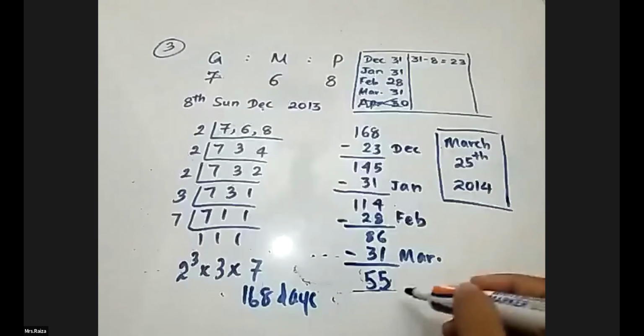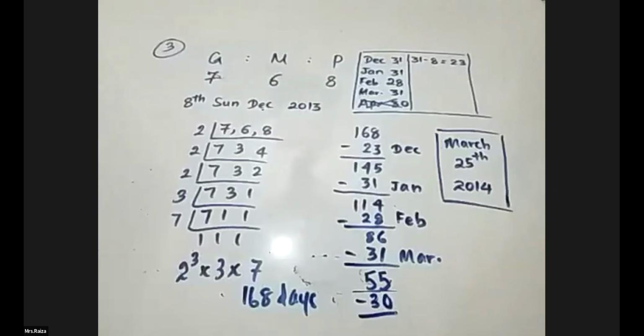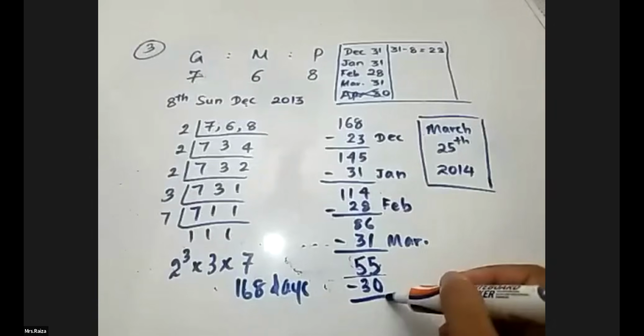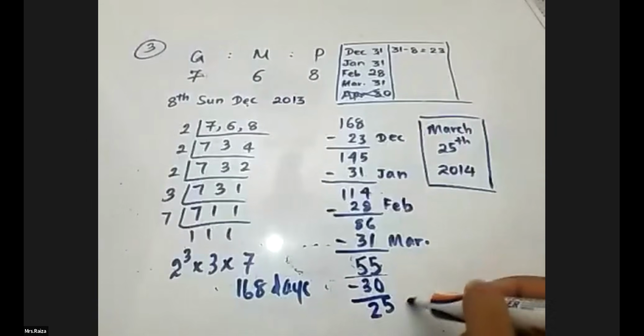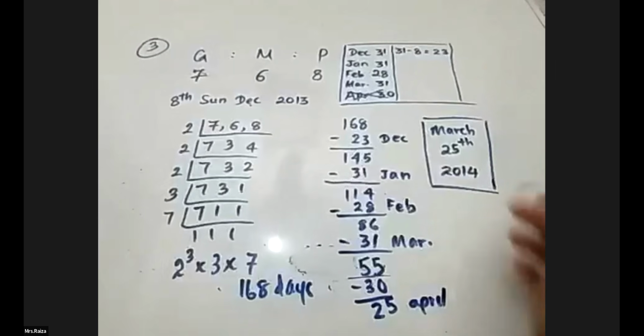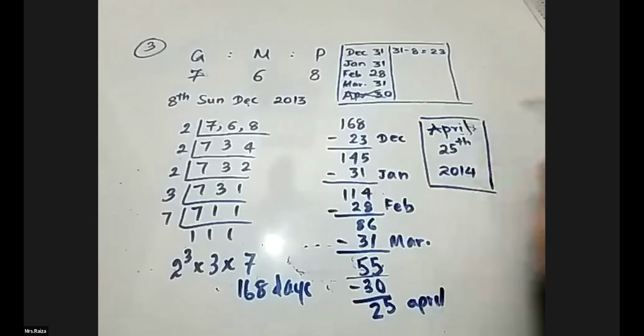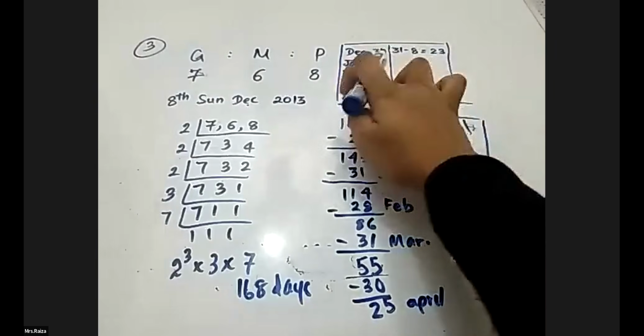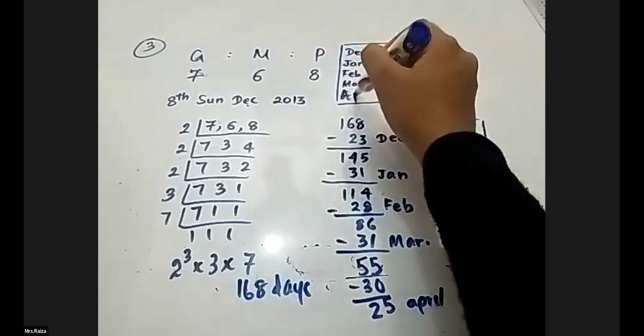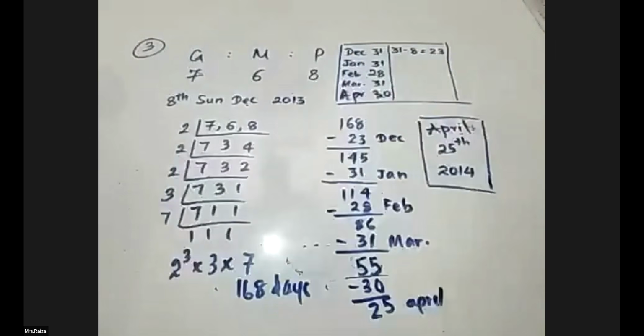We can subtract April also. Then you get 25. April. Right. See whether you understood, go through the question.